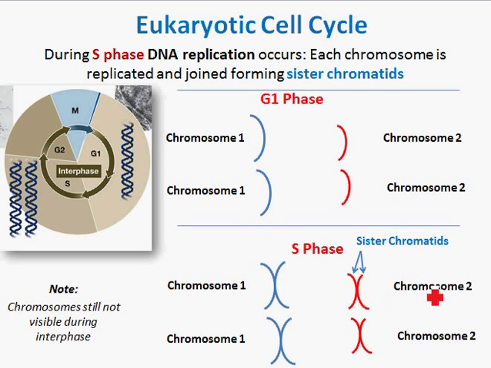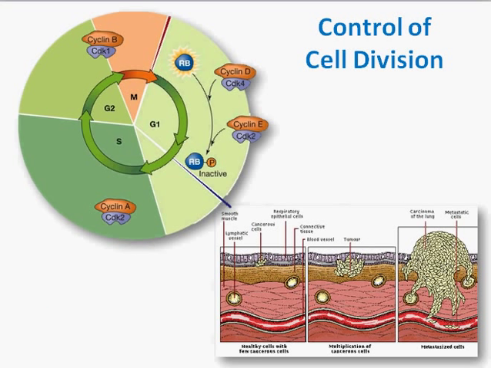So now we have for chromosome 2, this top one, we have two sister chromatids of chromosome 2. So we can say that during S phase, we have replicated all our genetic information. And this will be important for later when we go through the actual nuclear division. We want to divide this genetic information into the two nuclei.